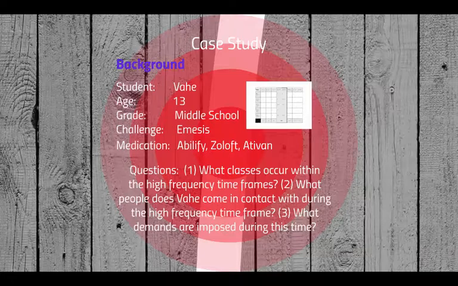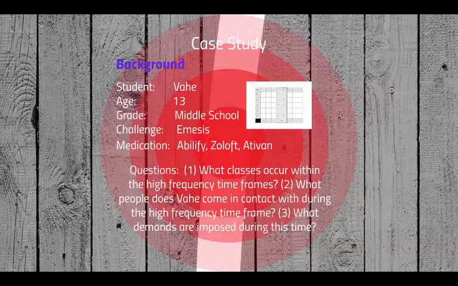You and I also know this to be vomiting, but the formal term for it is emesis. And of relevance, Vahe had a medication regimen at the time I was working with him a number of years ago. And the medication regimen involved the use of Abilify, Zoloft, and also Ativan.